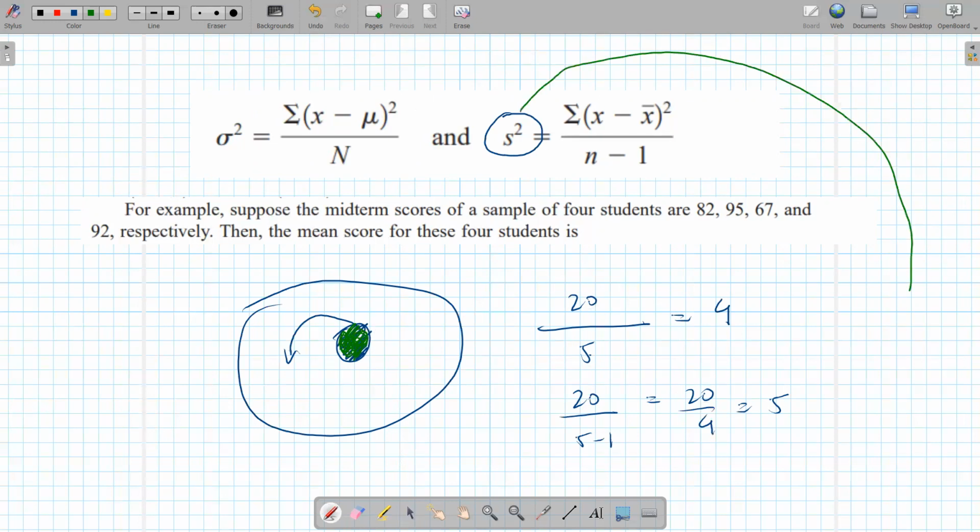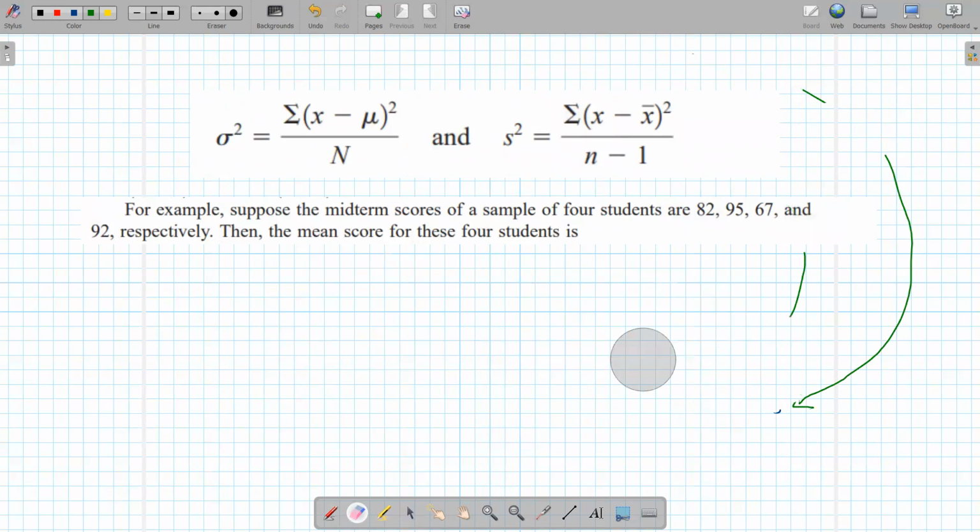So it actually gives you a bigger variance, okay? It's kind of like it corrects itself. It overcompensates, that's what it does. When you take 1 away, you're dividing by a smaller number, you're going to get a larger number. Sample overcompensates for the fact that you're only using a small number to approximate for everything else.